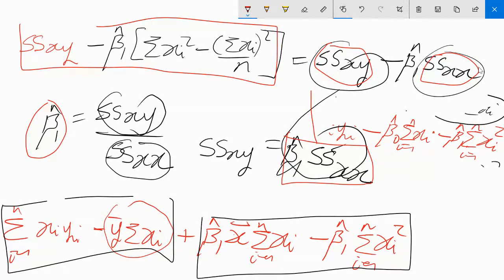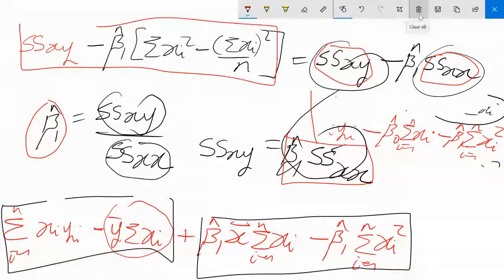That's why I had to replace SSxy by this using the estimate of the slope, so that people can see where this is coming from. Because I don't want to make assumptions. We had problems in the morning with me assuming that you guys know how to differentiate. So I don't want to repeat that mistake. So we are done with this one.